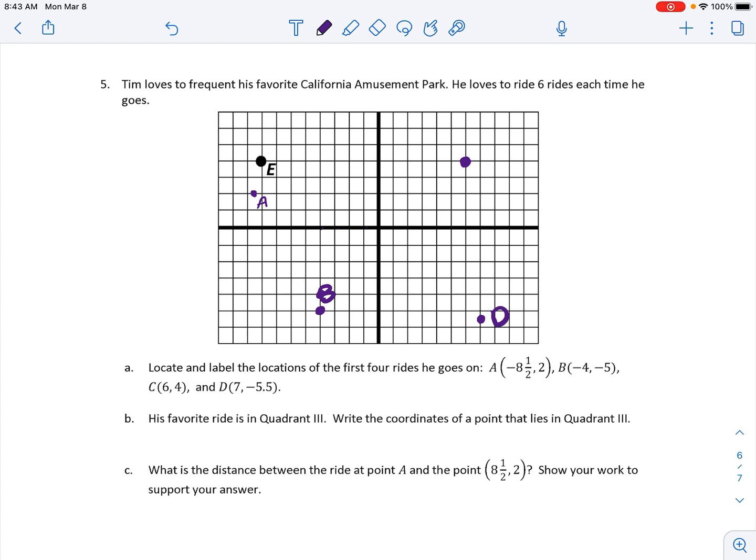Okay, so which coordinates of the point that lies in quadrant 3? This is quadrant 3. Okay, so it's going to be -4 and -5. Okay, and then what is the distance between the point A and the point 8.5 and 2? Show your work to support your answer.